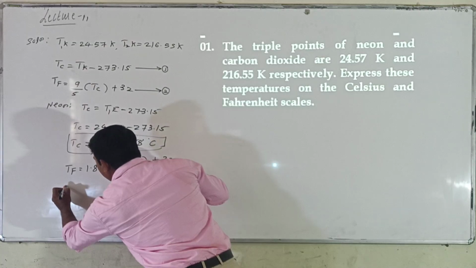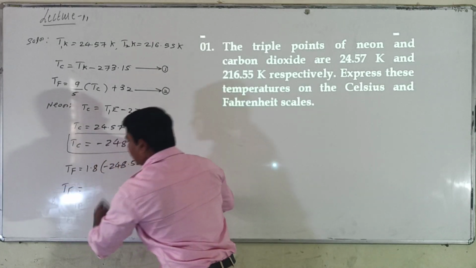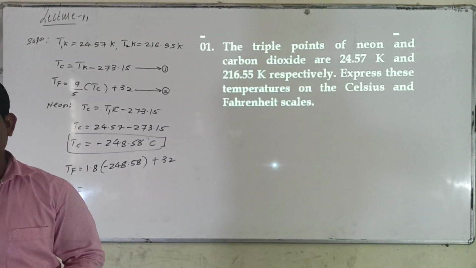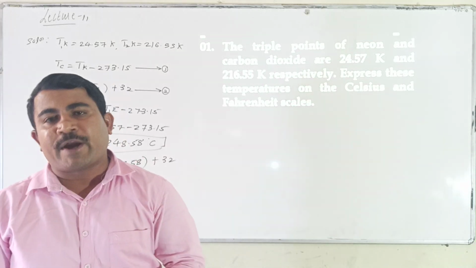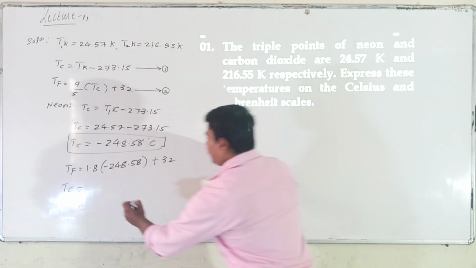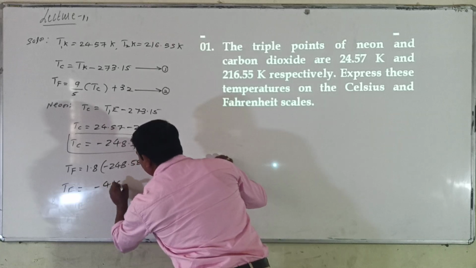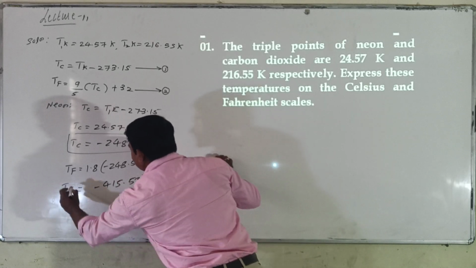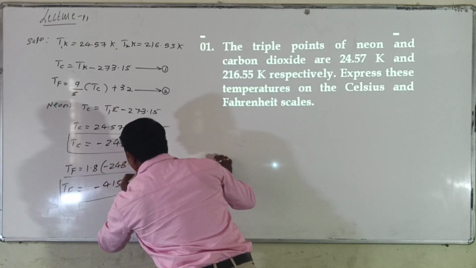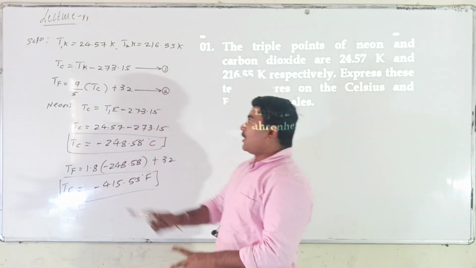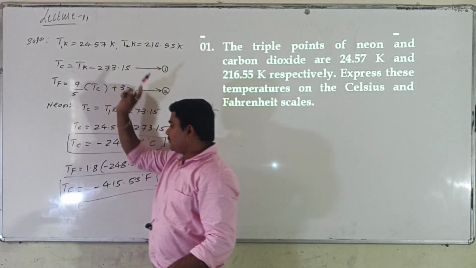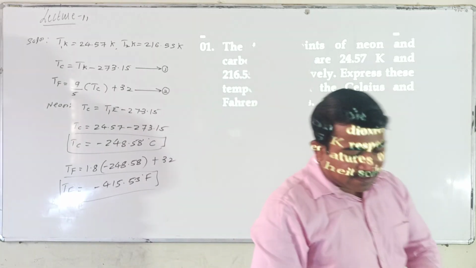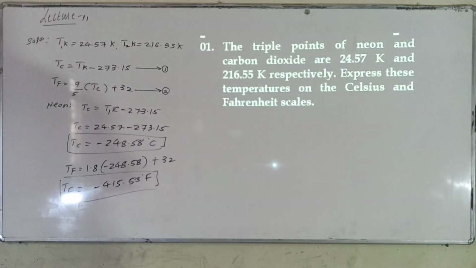For neon, how much value are we getting? Nearly minus 415.44 Fahrenheit. Minus 415.44 Fahrenheit. This is for neon. For neon the Kelvin temperature is this much, then degree Celsius must be this much, and Fahrenheit must be this much.